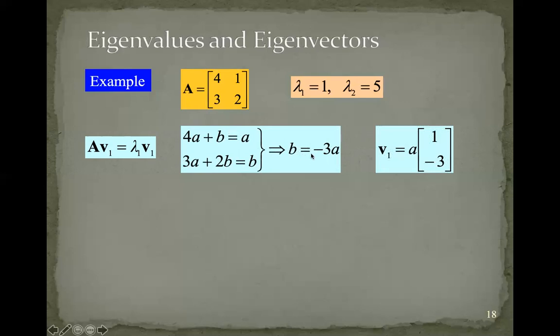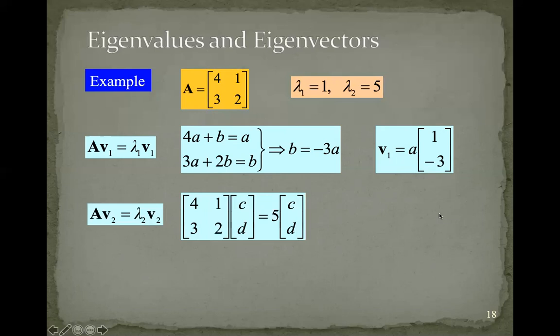In this case, we can put it into the vector: if I have a constant A, A is itself, so that would be a 1, and the B entry will equal minus 3A, so we just have a minus 3. So we find the vector associated with lambda equals 1, which is in terms of the value of A. So the vector V1 is equal to 1 over minus 3 multiplied by a constant A.